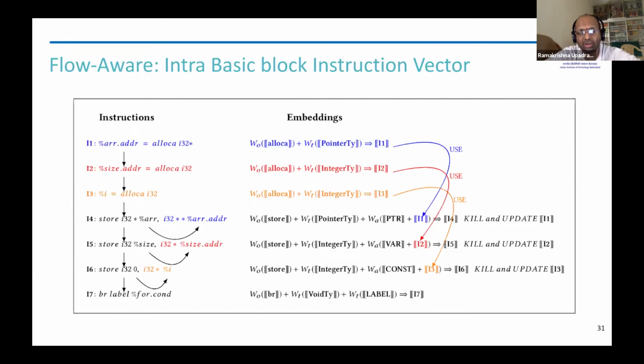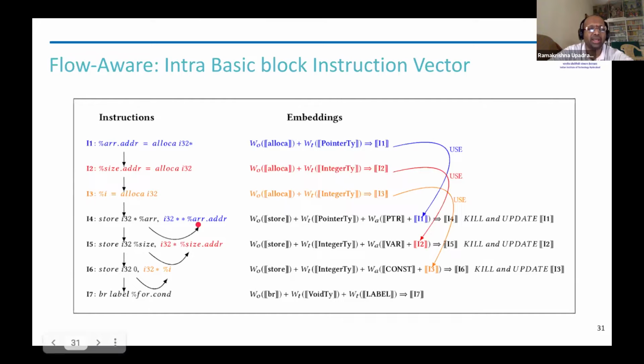But here, what we do is embellish with the data flow. For example, in this encoding, the square bracket I1 is the embedding for I1, and the square bracket I2 is the embedding for I2, etc. This particular variable, percentage address array address, is used here.